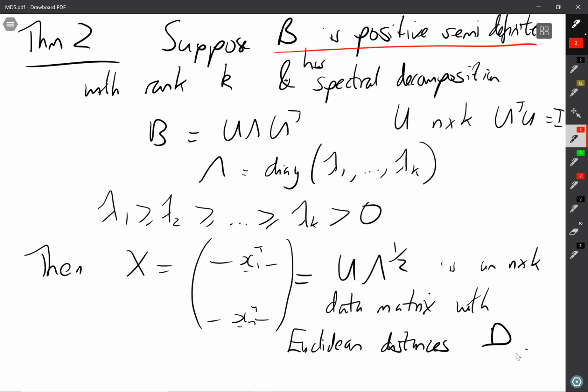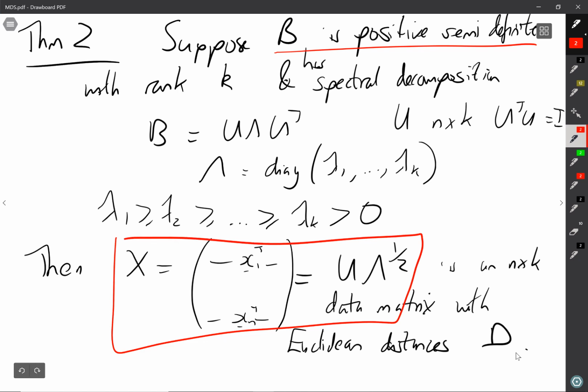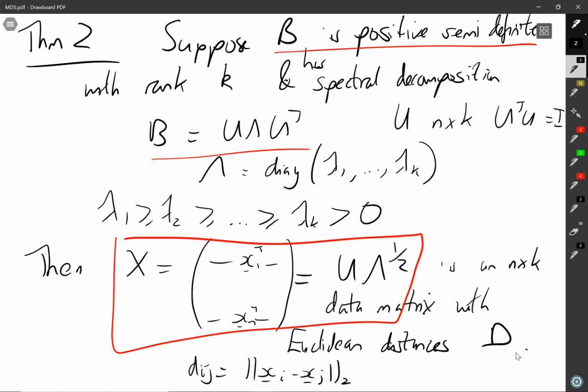Then we've defined X to be U times root lambda, where U and lambda come from the spectral decomposition of B. If we define X in that way, then the theorem says this is a data matrix that has Euclidean distances D. So d_ij is the Euclidean distance between xi and xj, and these points x will have the right distances.